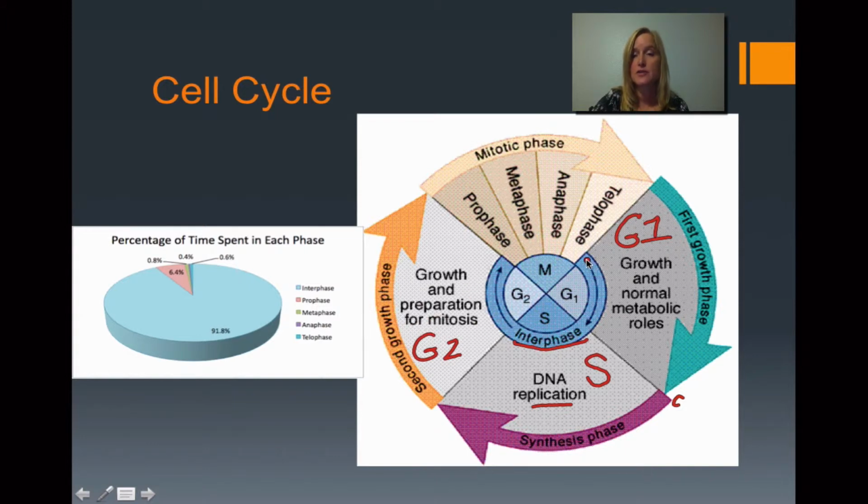And you'll notice that all three of these, G1, S, and G2, are part of interphase. So this entire part of the process we call interphase. And a cell spends 90% of its time in interphase. So most of the cell's life is basically growing and performing normal metabolic processes.